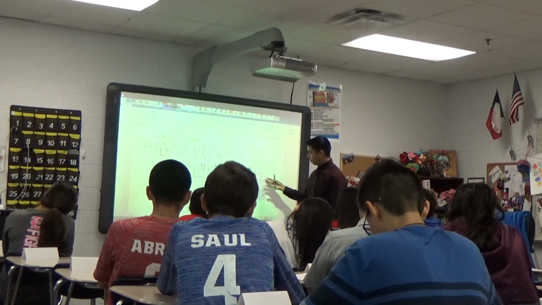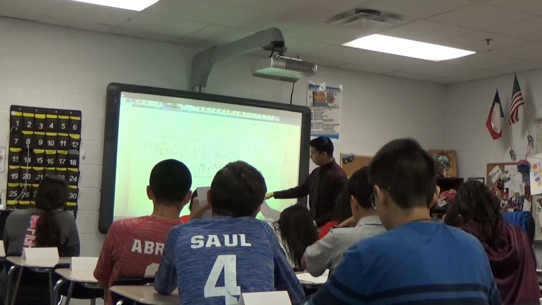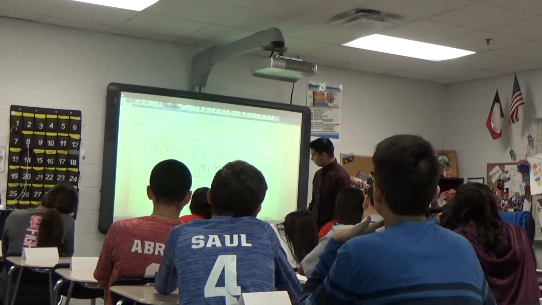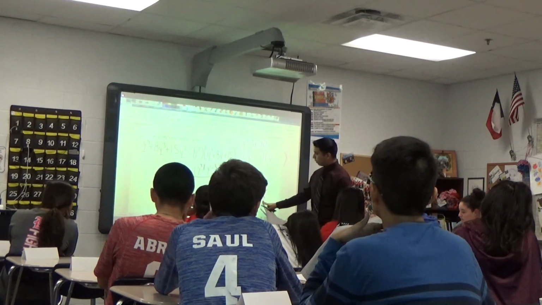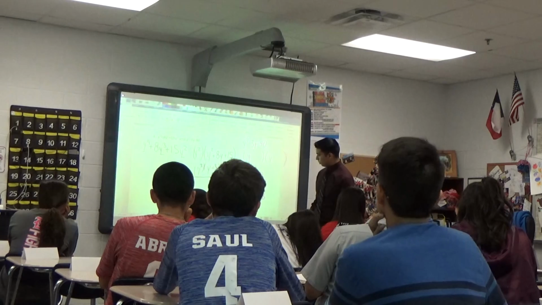Someone want to volunteer? What pair of numbers should we look at first? Okay, Ashley says 5 and 8. Should we give the negative to the 8 or to the 5? To the 8, okay.